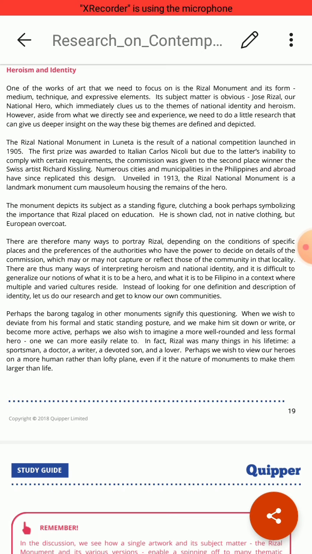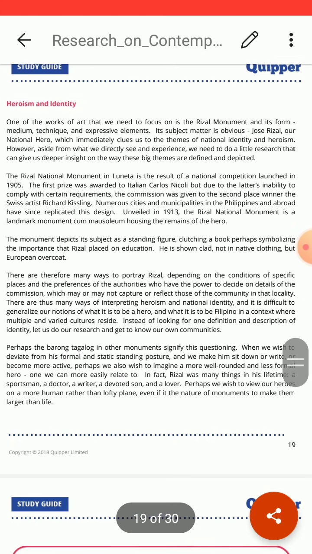Tapos diri perhaps we wish to review our heroes on a more human rather than a lofty plane, even if it is the nature of monuments to make them larger than life.